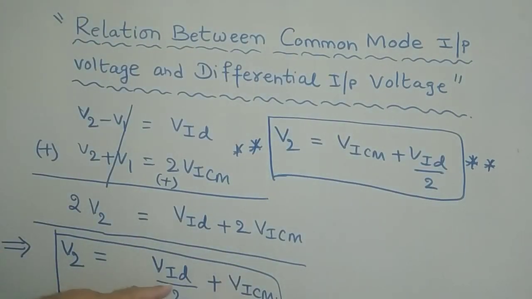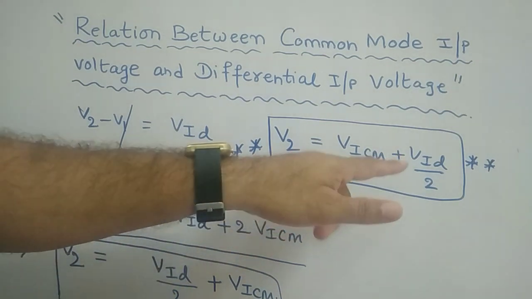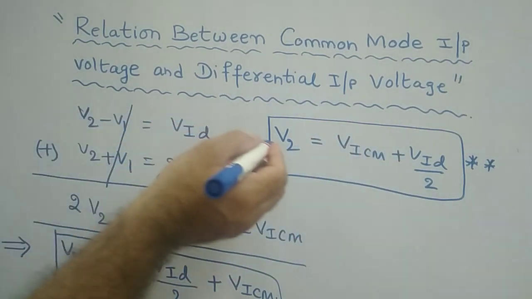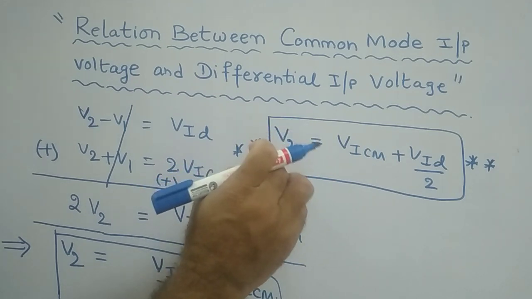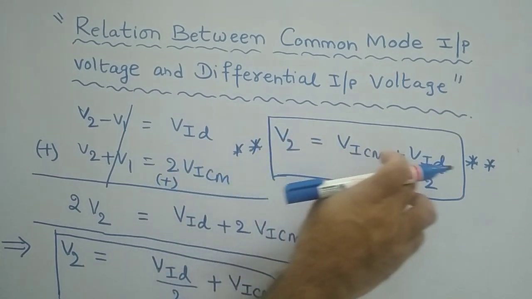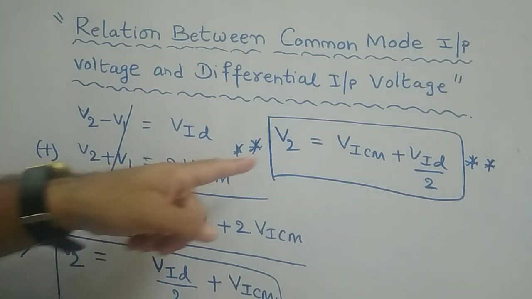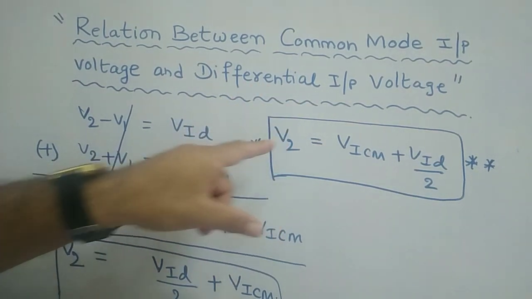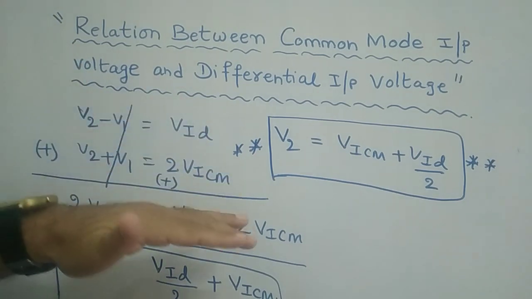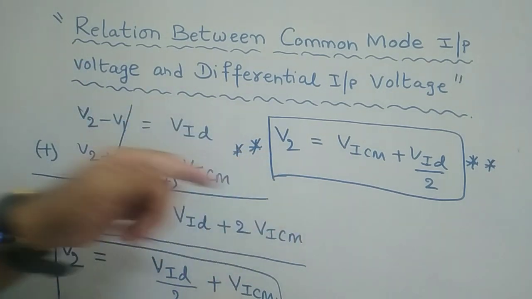This is the voltage V2 in terms of the common mode input voltage as well as the differential input voltage. By substituting this in either equation 1 or equation 3, you can obtain the expression for V1.